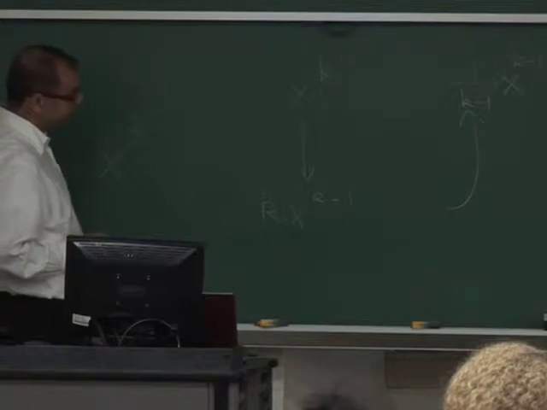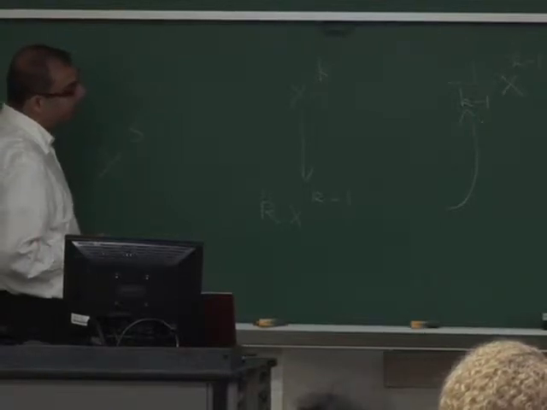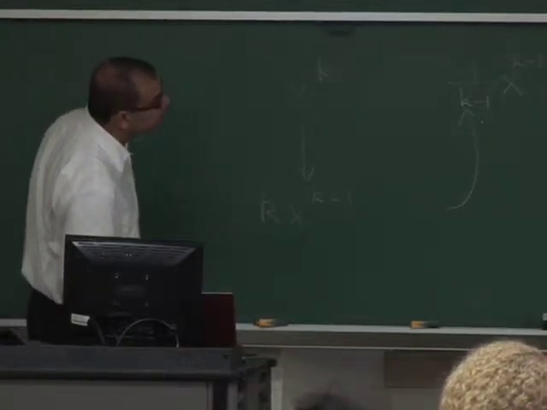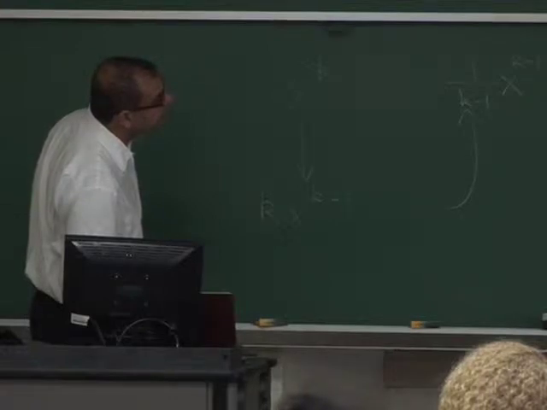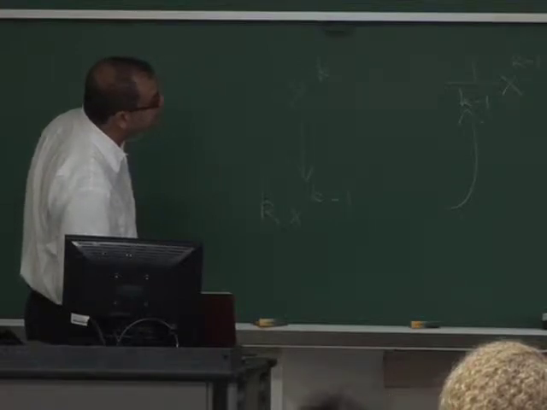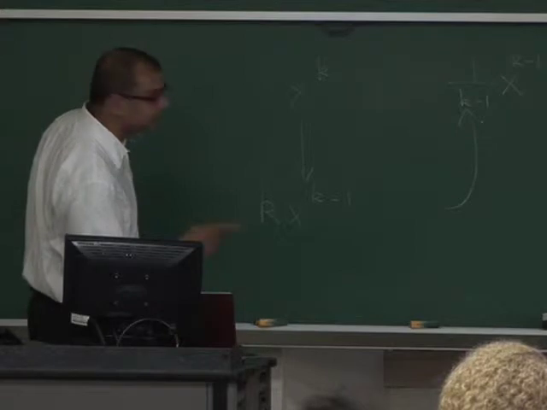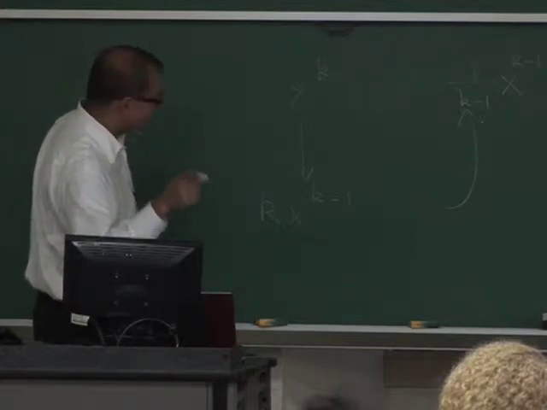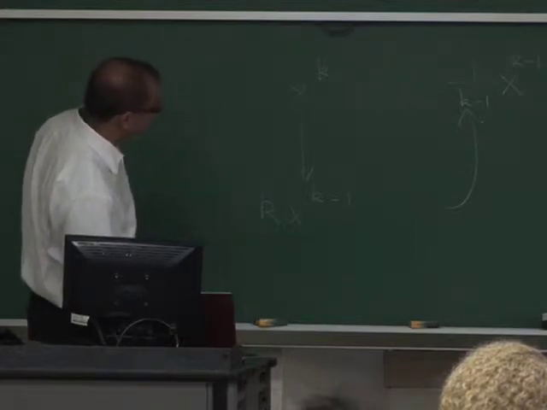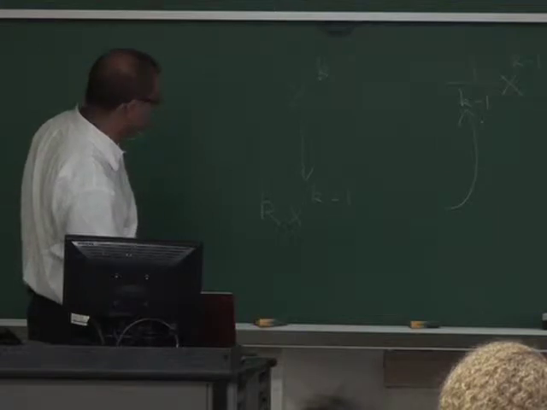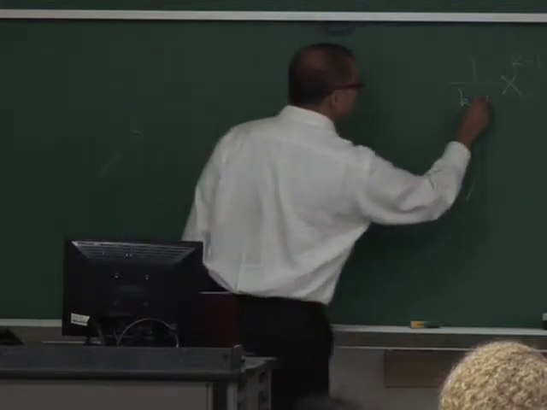And I've got to divide by, hold on. Yeah, I think you're right. It's got to be k plus 1 because I had 2 here. That's right. Sorry, this should be k plus 1.